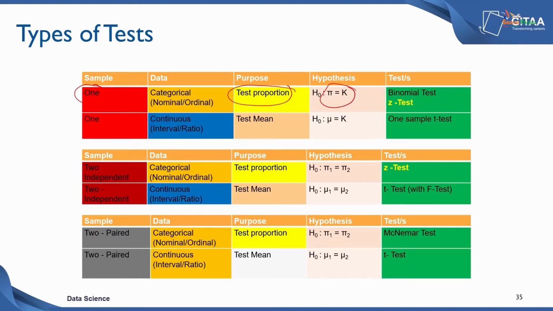So you take a sample of IT professionals, and then you compute the percentage of women in that. The null hypothesis that you set yourself is that the percentage of women in the IT population is 32%, or 0.32. That's the kind of null hypothesis where you're testing pi is equal to k. So you can employ the binomial test, or if the sample size is very large, then you can also approximate it to a normal distribution and use a z test.